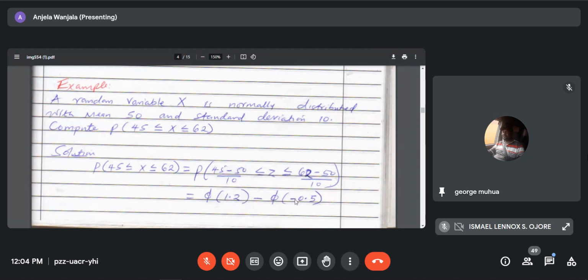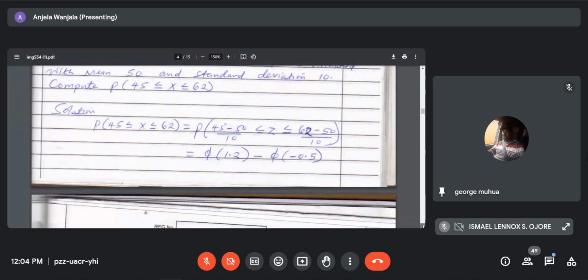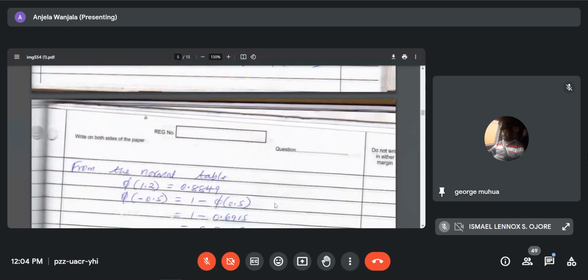But as you can see, for the lower bound, we have a negative 0.5. So first of all, for the negative, we say 1 minus the positive of that, because now we don't have negative 0.5 in the table. So we will read 1.5 from the table, and then we subtract from 1. That will be for the lower bound.